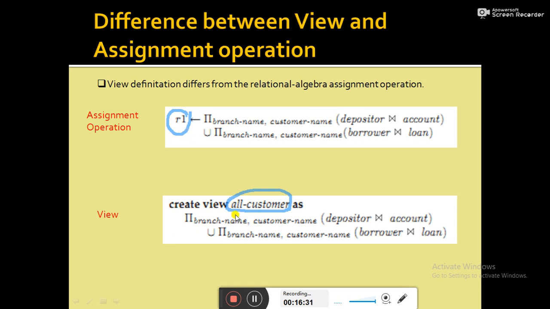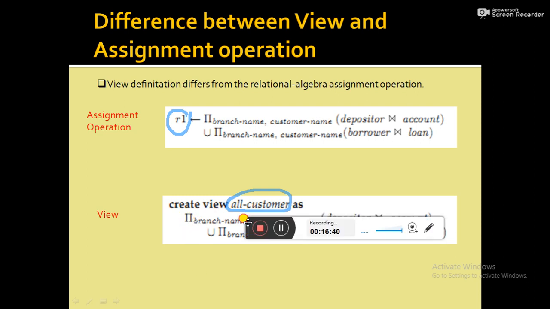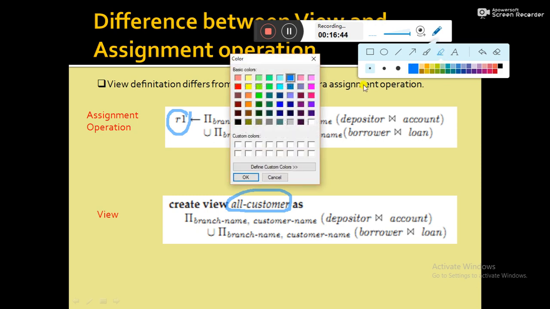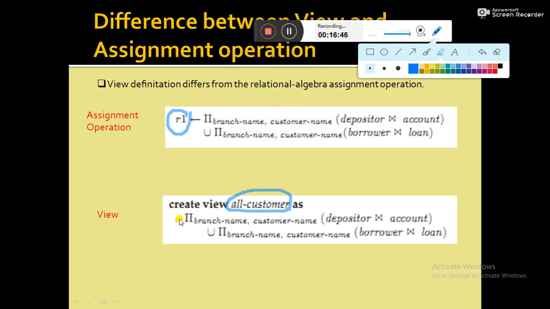Now, as I have mentioned, the view. If you create the all customer view, this is the view definition. As I have already mentioned, when we create the view all customer, the DBMS is not going to store the actual data, rather the database management system stores the definition of the view.